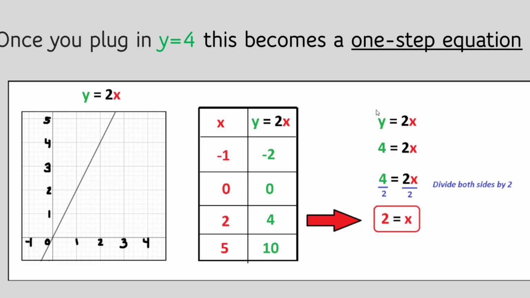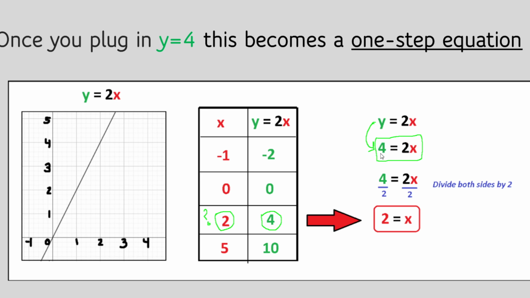We had our equation, y equals 2x, and we want to find out what x is when y is 4. I have the answer down here, but it doesn't matter for this part. We see a 4 here, and this is what we're trying to find. This was our question mark. So we're going to plug in a 4 for y to get started. And then from here, this is just a one-step equation.